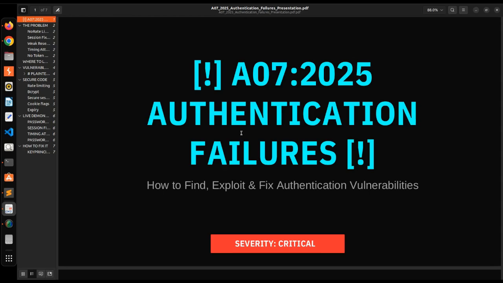But 2025 expands this category to cover modern authentication technology like OAuth, OIDC, OpenID Connect, JWTs, API authentication, cloud identity systems, and AI-related authentication risks, reflecting how modern applications authenticate users and services today. So the vulnerability evolved because the technology evolved.